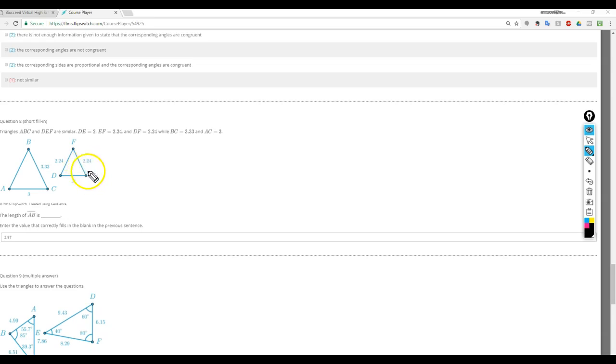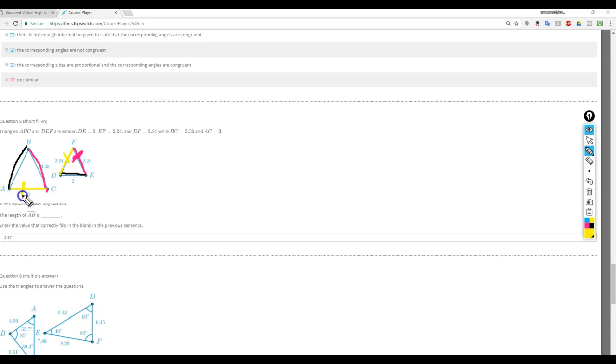But our corresponding side for AB was DE, and then our corresponding side was B to C, and the other one is E to F. So this one was congruent to DF, and DF is corresponding to AC.